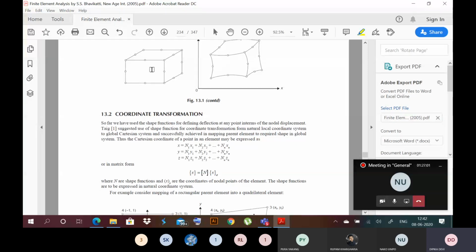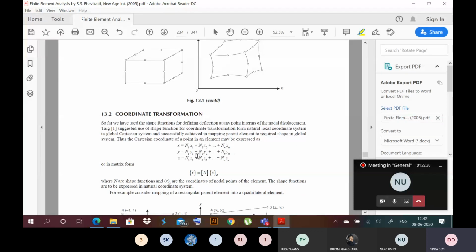Therefore, let's say we have an element which has n number of nodes. We have an n-noded element in 3D. Then x will be given as N1 x1 plus N2 x2 plus N3 x3 up to plus Nn xn.